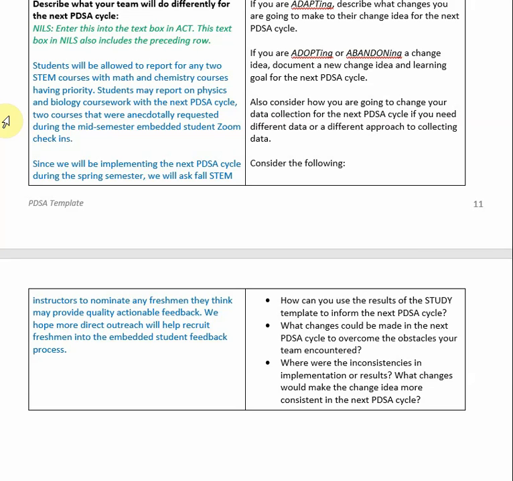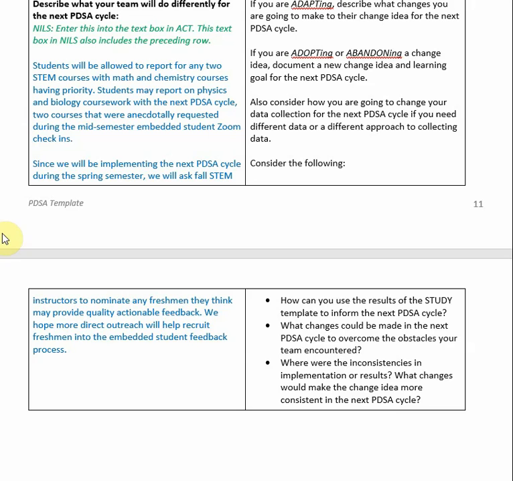This means students may report on physics and biology coursework in the next PDSA cycle, which are 2 courses that students anecdotally requested during the mid-semester embedded Zoom check-ins with those students. So this responds to rationale point 3 above about testing in a wider portion of courses.